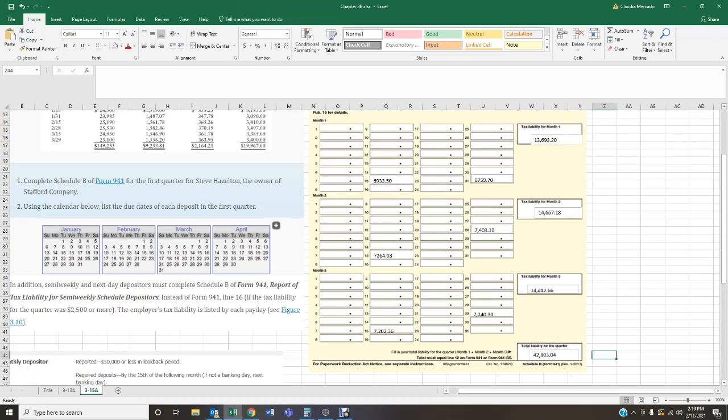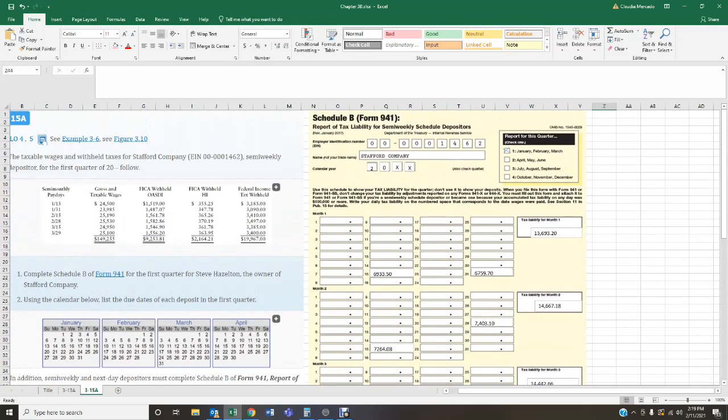So this is a completed Schedule B. This is a report of tax liability for semi-weekly scheduled depositors. Based on the monthly paydays, we calculated our tax liabilities and entered them on the correct dates. It has to be the days of the paydays. You add the two amounts for the month, and that gives you your monthly tax liability.